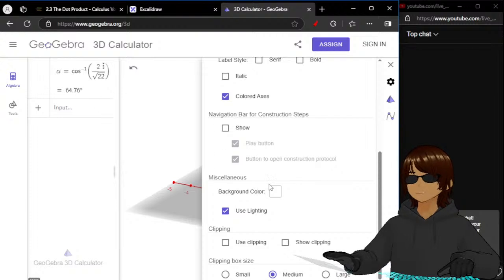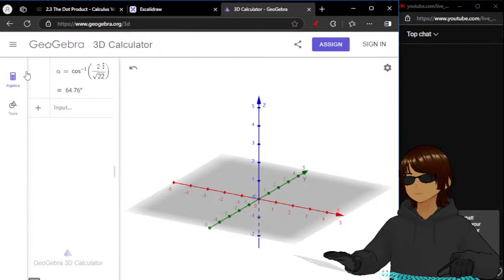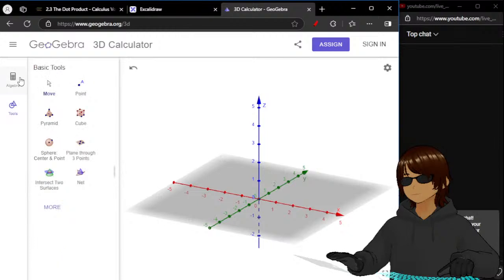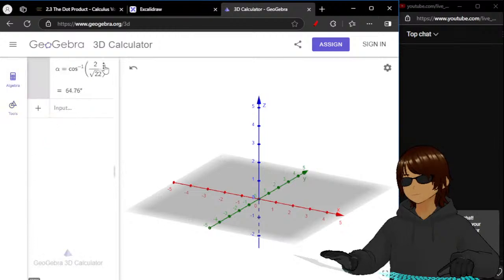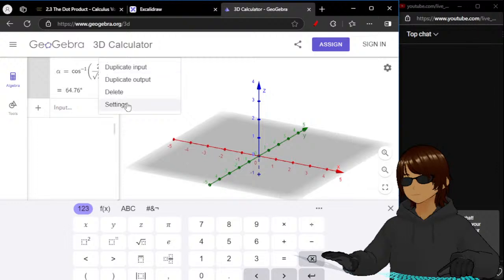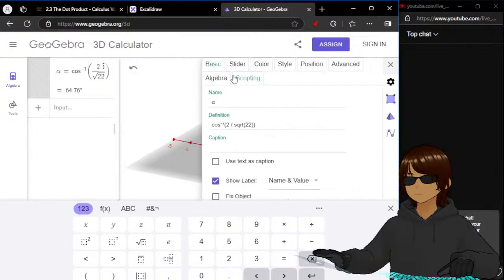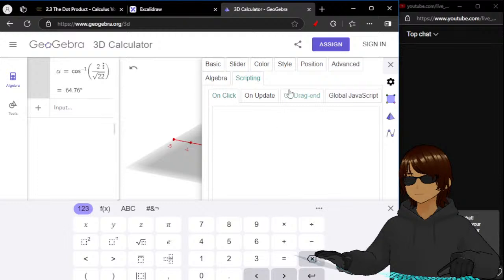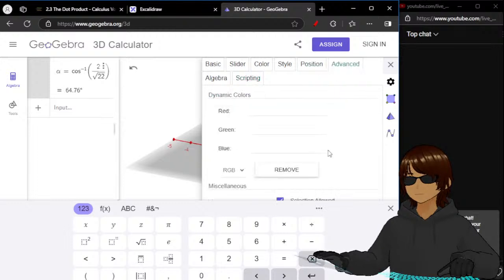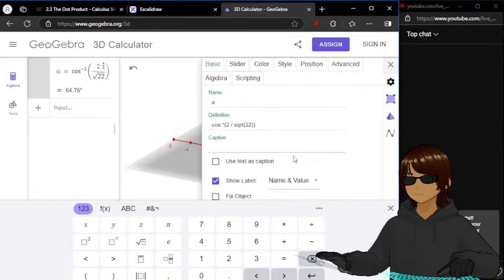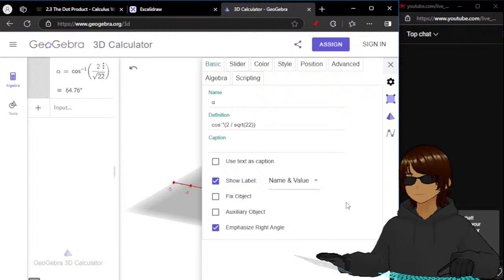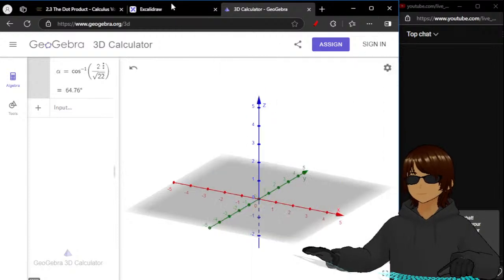How do I convert this to radians? I don't know.